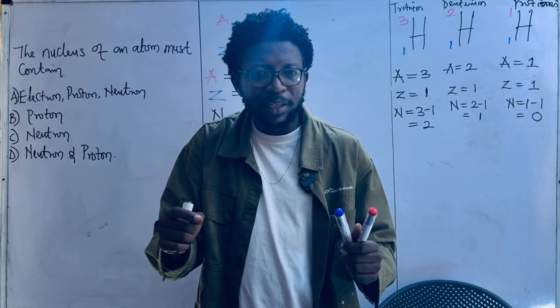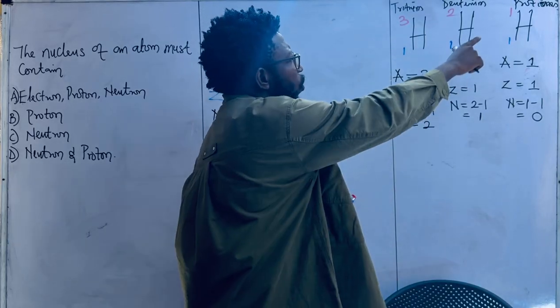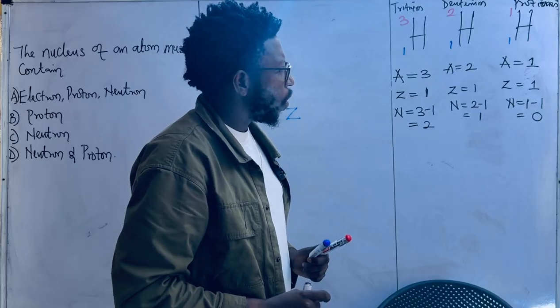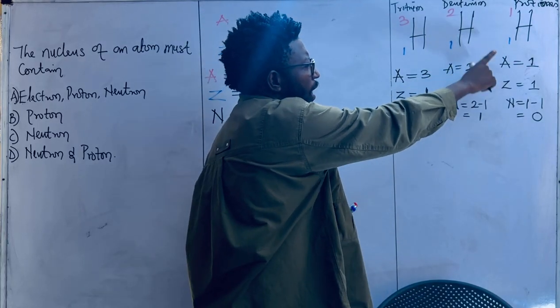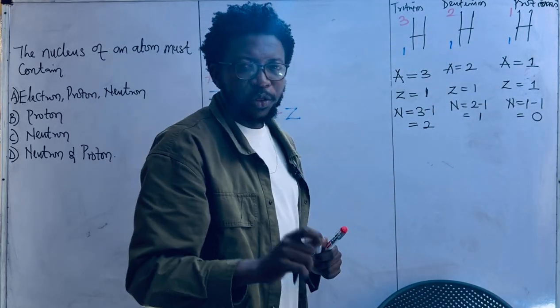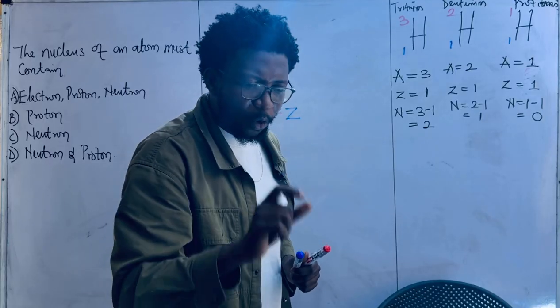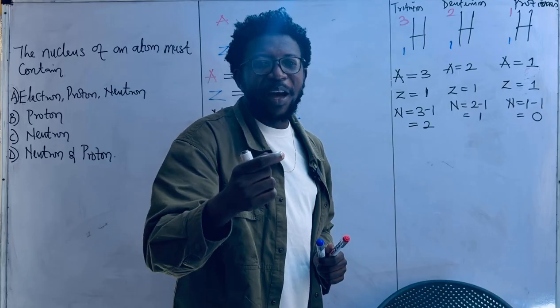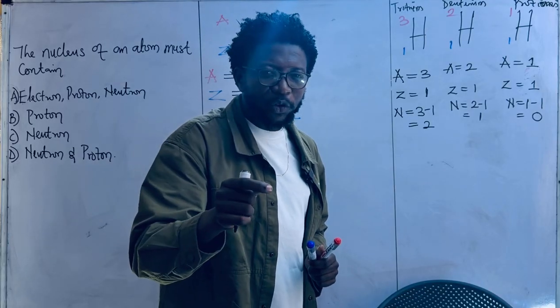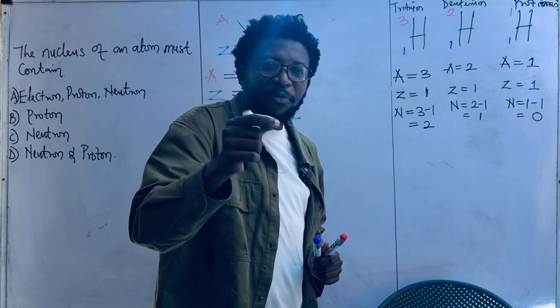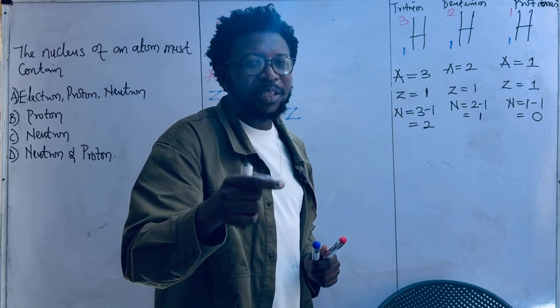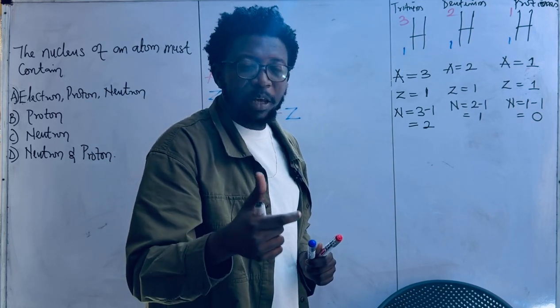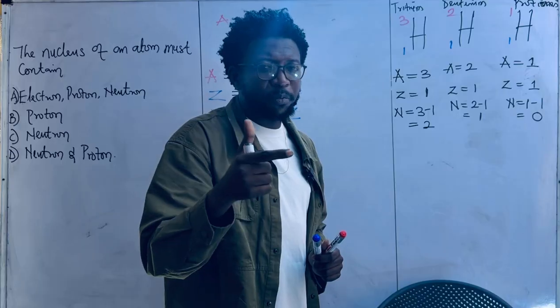No, there are exceptions, and the exception is this atom of hydrogen, which does not have any neutron. That means the only subatomic particle that must be found in the nucleus is proton. There may not be neutron, but there must be proton.